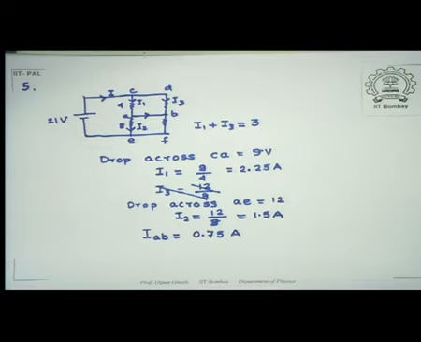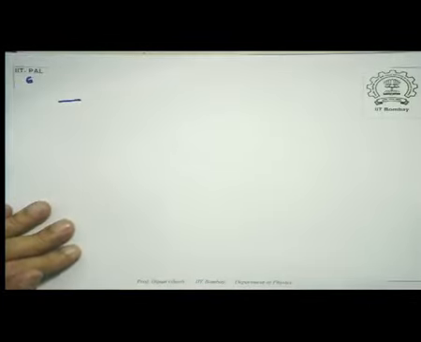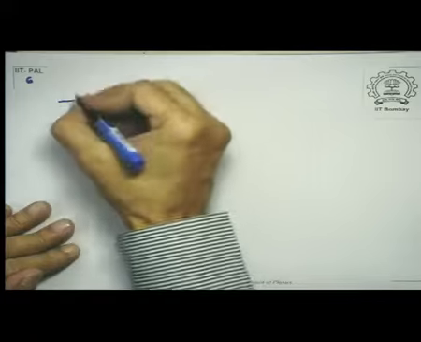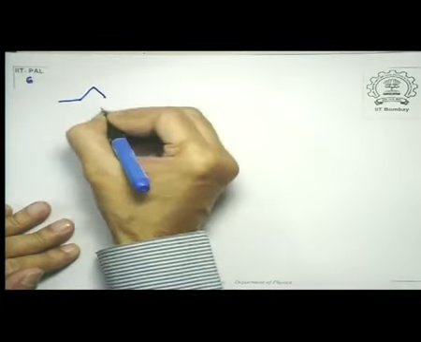So let me show you some little complicated problems. Suppose I have a situation like this. Now what I will do is that instead of drawing wiggly lines for resistances, let me for the moment just draw them like this, but I will tell you where the resistances are.